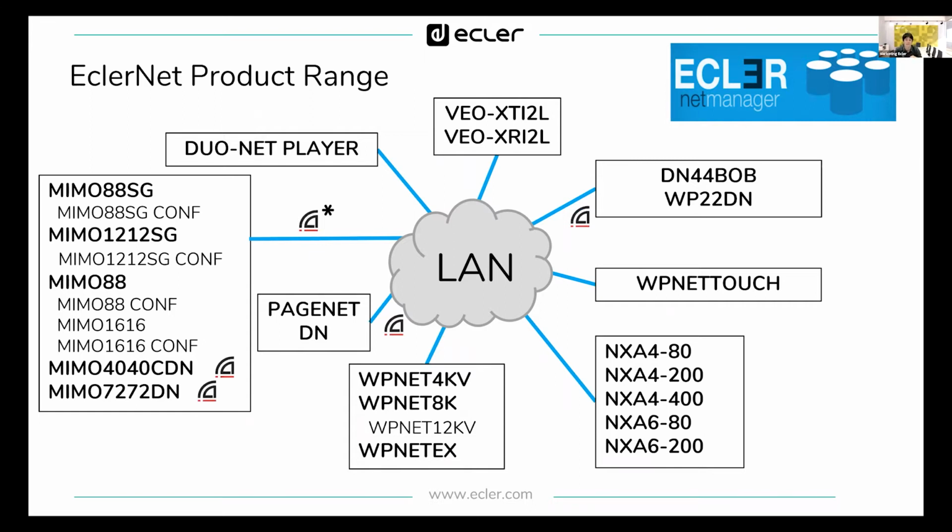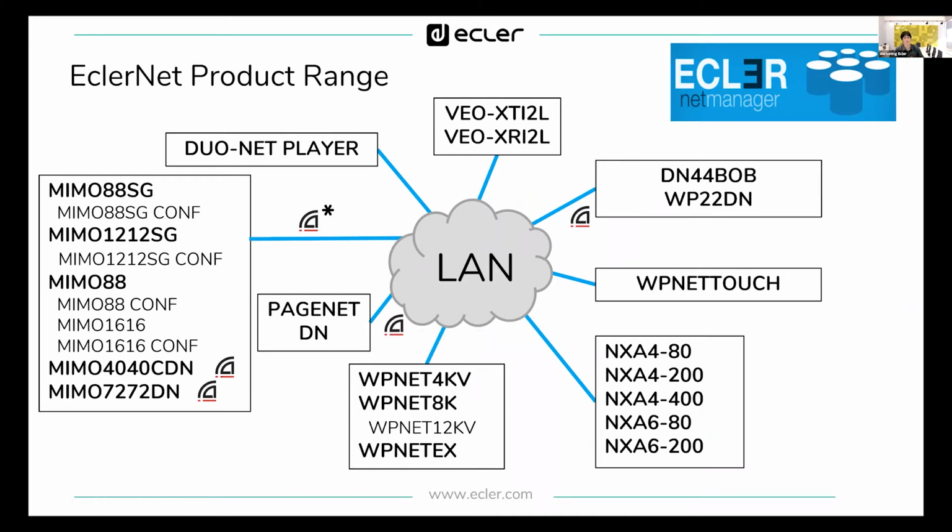And besides the control, we have the devices that work with Dante, which are MIMO 4040 CDN and MIMO 7272DN, okay? These integrate Dante. The PageNet also integrates Dante. We'll see which signals.